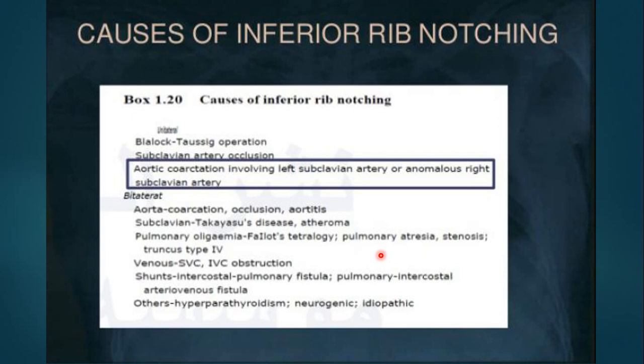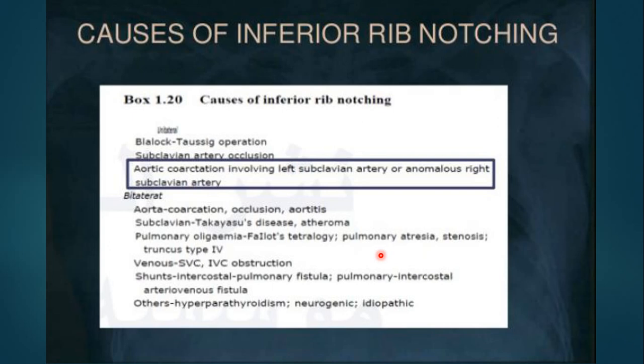Also, pulmonary oligemia, like tetralogy of Fallot, pulmonary atresia, stenosis, venous causes like SVC obstruction and IVC obstruction, shunts like pulmonary intercostal arteriovenous fistula, and other causes like hyperparathyroidism and neurogenic tumors, and it might be idiopathic.